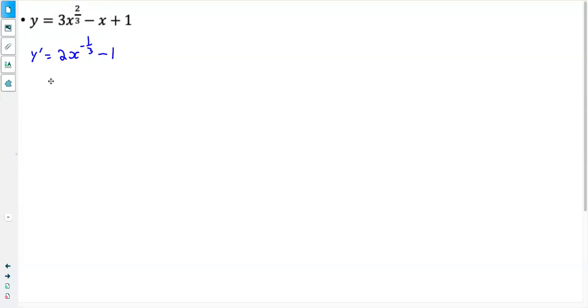So we'll just rewrite this in radical form. So this would be essentially 2 over the cube root of x, minus 1.